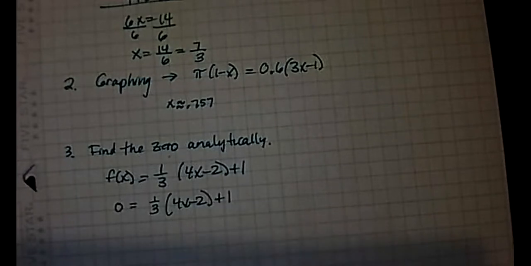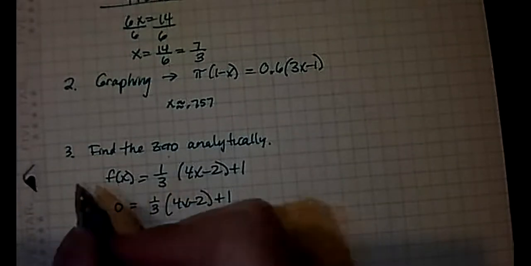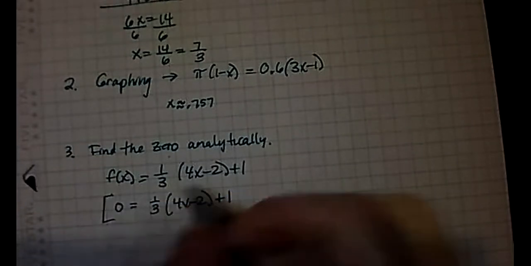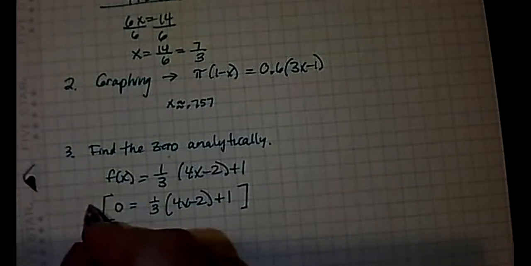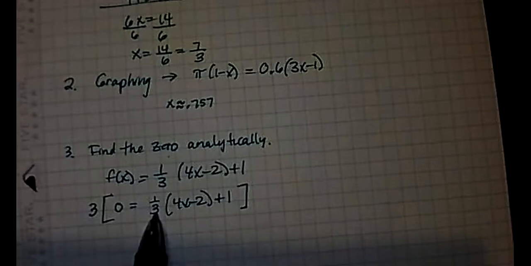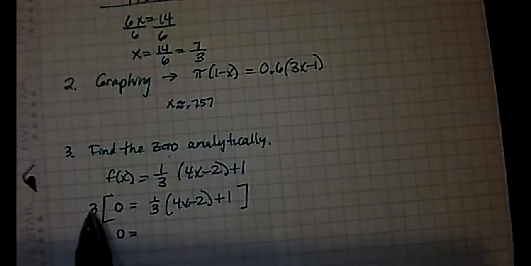So I really don't want to have to worry about multiplying this fraction through and adding and subtracting. So what I'm going to do is multiply, and you have to do this to every single term in the equation, by 3. Because whatever this is, that's then going to cancel that out, so I don't have a fraction there. All right, so this would become 3 times 0. And then this just becomes 1.